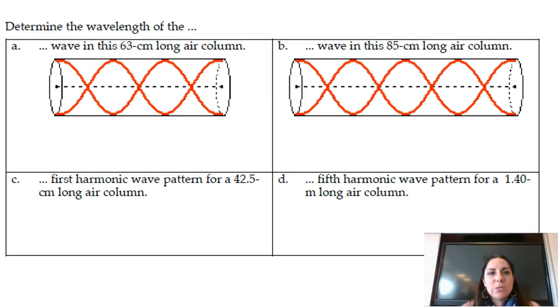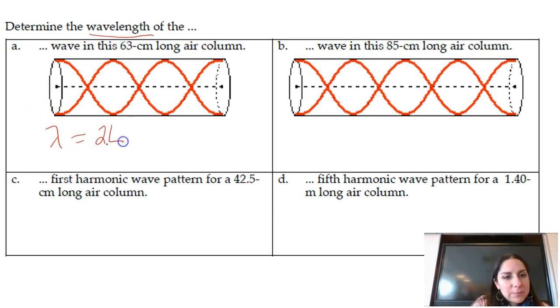Here are some of the ways you can present the information. In this question we have two different standing waves, and in both parts it's asking for the wavelength. The wavelength is going to be 2L over n, from our relationships before.